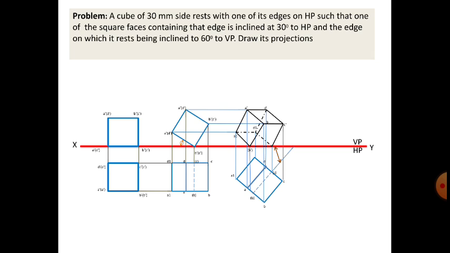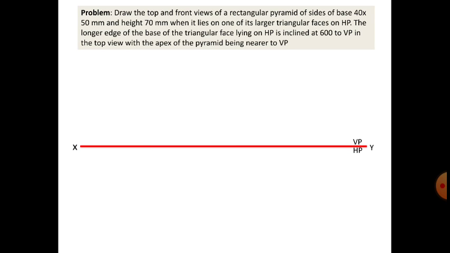We'll try to solve another problem. So first read the question properly. Draw the top and front view of a rectangular pyramid with a base of sides 40 by 50 mm and a height of 70 mm, when it lies on one of its larger triangular faces on HP.